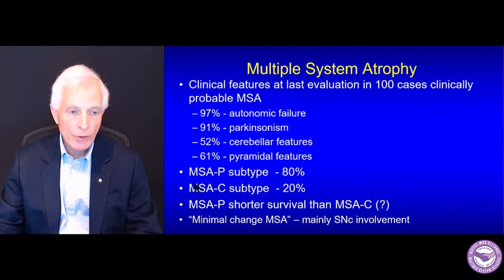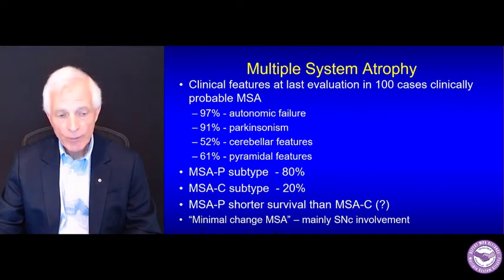So as I've told you, MSA has these two major subtypes, Parkinson and cerebellum. In Caucasians in North America and Europe, the Parkinsonian form predominates, whereas the cerebellar form accounts for about a fifth of patients. Whereas, as I've told you, in Asians, particularly Japan, it can be more of the reverse. There is some suggestion that the cerebellar form may have a more prolonged survival than the Parkinson form.